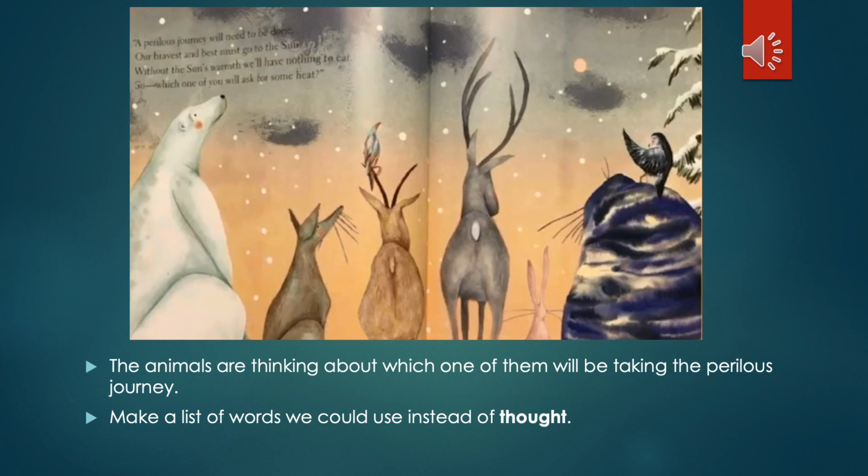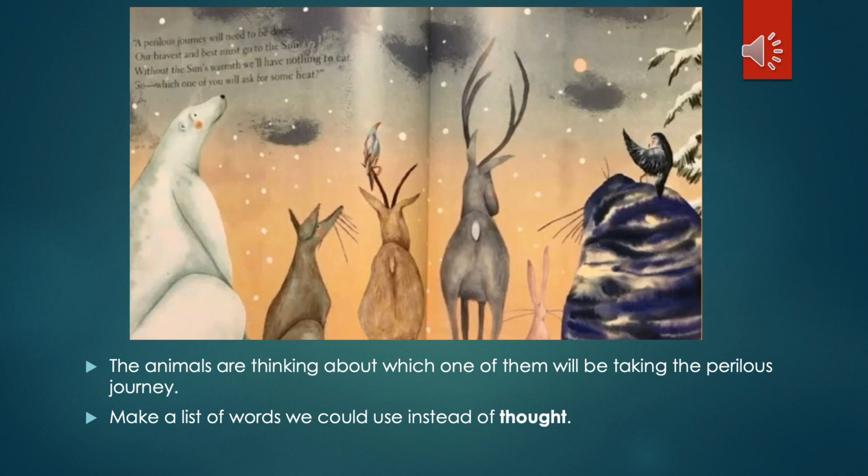Then finally, to make sure we write our super sentence in a minute, you're also going to need to think of words that you could use instead of thought. So here the animals are looking out, they're staring at the sun, they're gazing at it rising. And each of them are thinking about what would happen if they took on the perilous journey, if they were going to go on the risky journey to go and find an answer that they need.